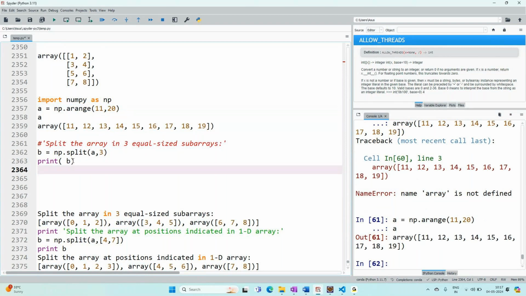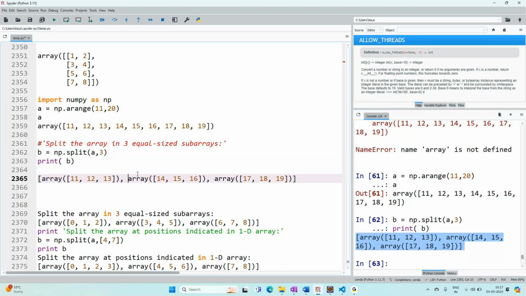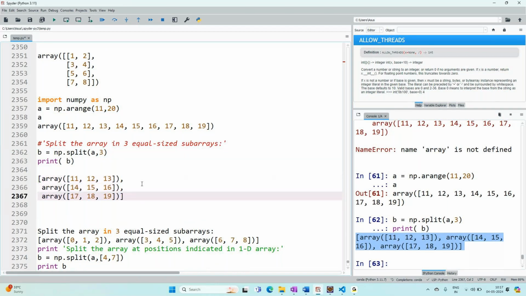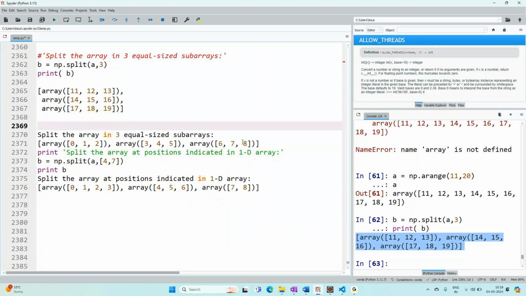Now I am splitting. Now you can see how many arrays came here. First array, second array, and a third array. Why, sir? Because we made a 9 size array into three parts. Now same thing, splitting the array into three equal size subarrays.